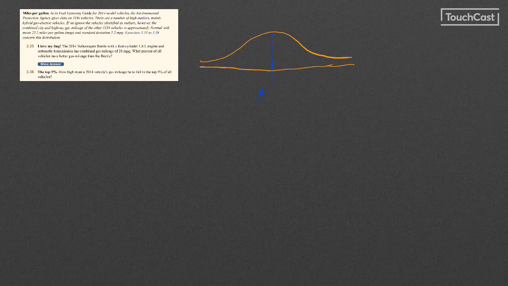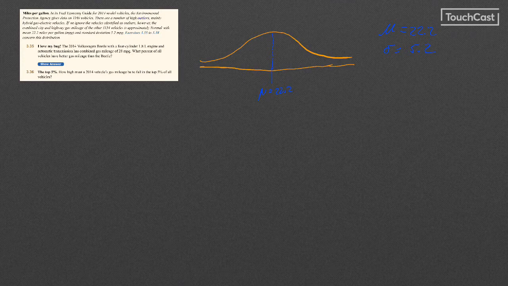So mu is 22.2 miles per gallon, and that's a given. I also know that the standard deviation is 5.2 miles per gallon. Up in the corner here, I like to write these down. It's useful to have them at hand and clearly written out.